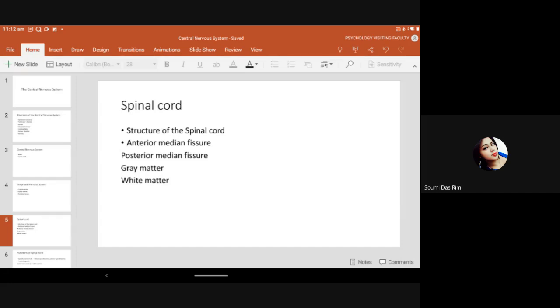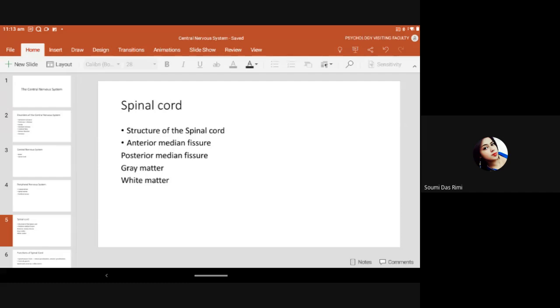Now, there are pairs of spinal nerves that you know from when you studied the previous section on the neuron. I told you about the pairs of spinal nerves. That means there are 31 different levels of the spine.